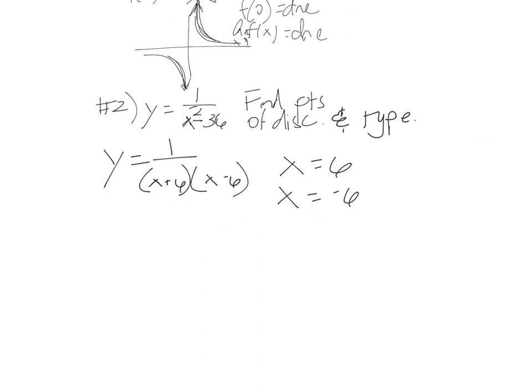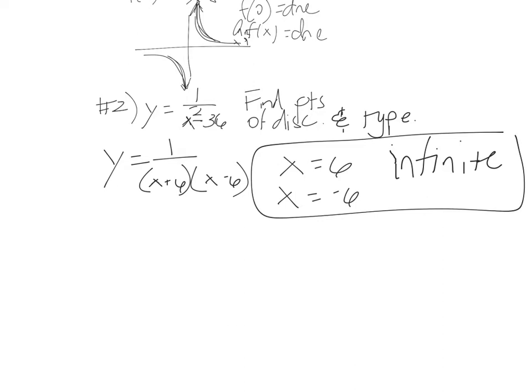Does anyone know? Which type? Well, they're vertical asymptotes. The type of discontinuity would be infinite. You can try and graph that on your calculator, but you'll see at 6 and negative 6 there are vertical asymptotes, which means that it goes to infinity.